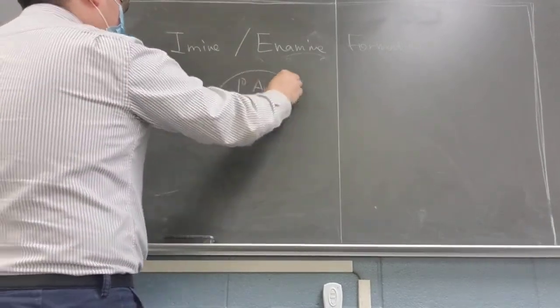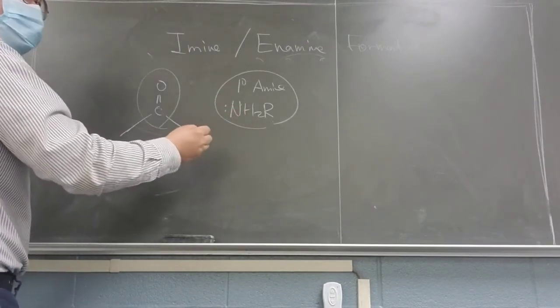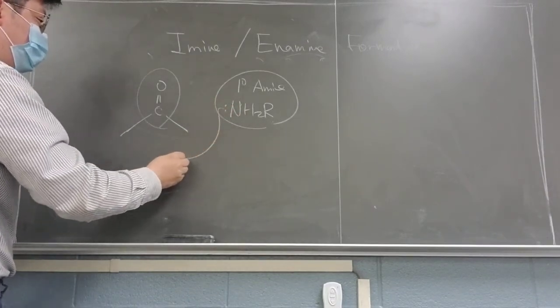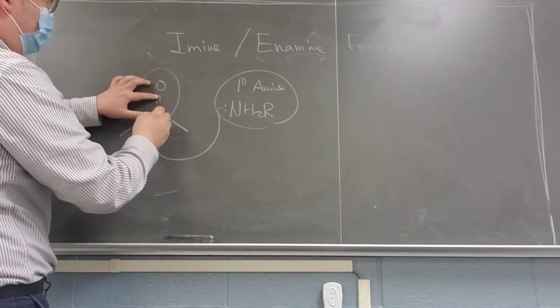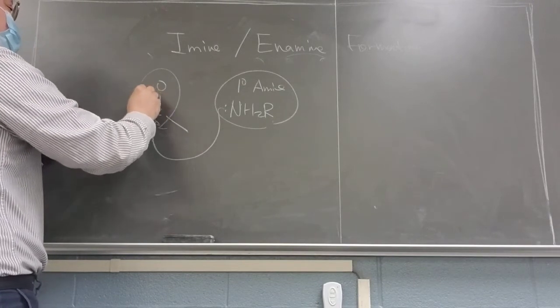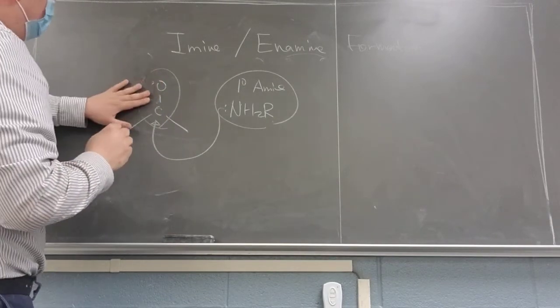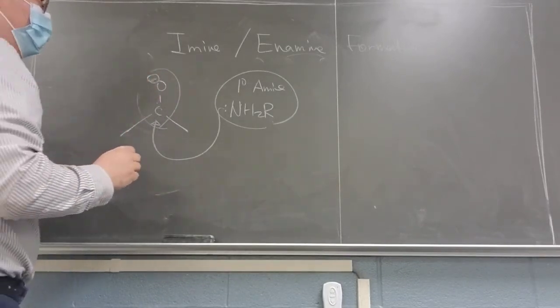So if you have a primary amine here, there is a lone pair on this nitrogen. It goes to the electrophilic carbon over there. That pushes the pair of electrons in the double bond of the carbonyl group to the oxygen over here, and this will become negatively charged. Okay. So what happens to that one here?